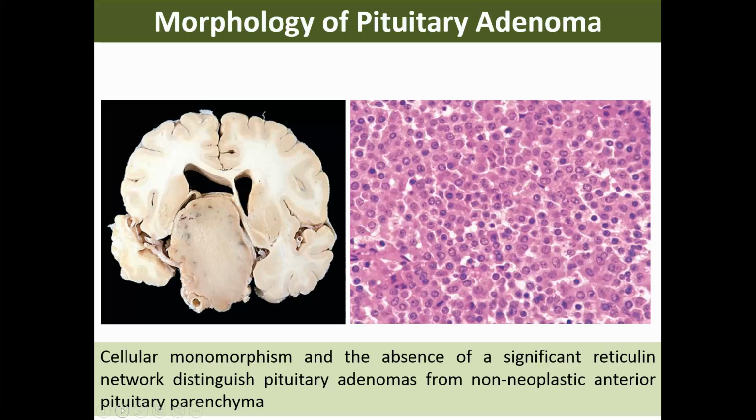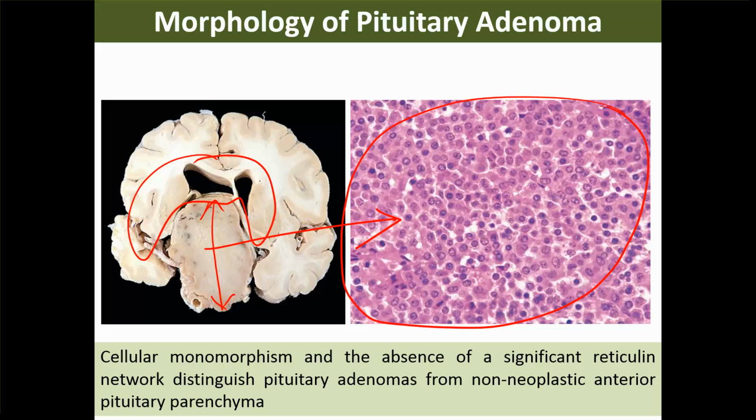So let us discuss the morphology of pituitary adenoma. This is a very large pituitary tumor. See, it is compressing the surrounding brain. This will produce massive visual abnormalities and intracranial pressure. What you are seeing in microscopy, this adenoma is, see, it is all looking the same type of cell, monomorphic appearance.